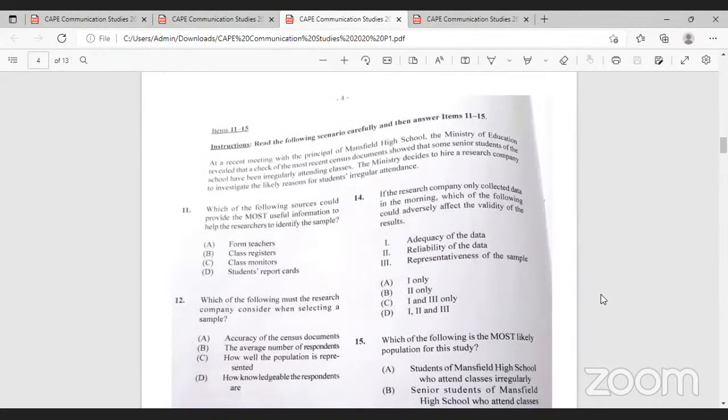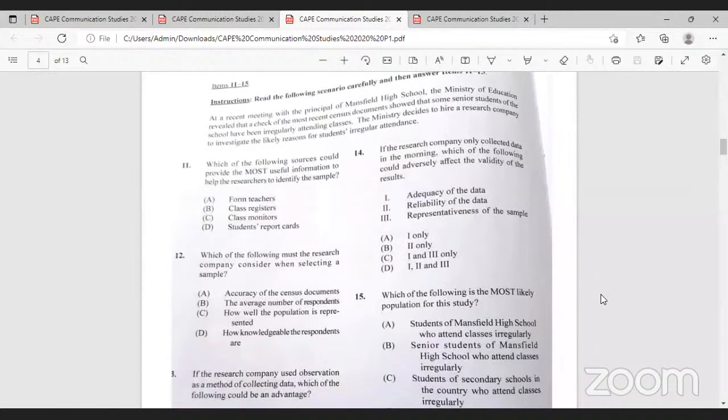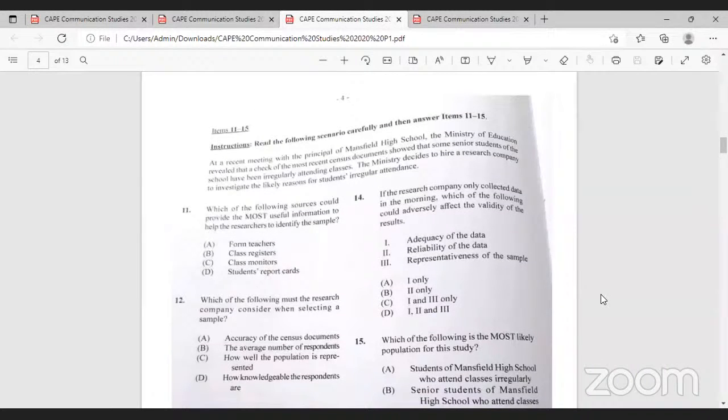Right? So 11 to 15, based on what you can see. Like I said, the questions won't always repeat the exact same questions, but they give you similar scenarios.